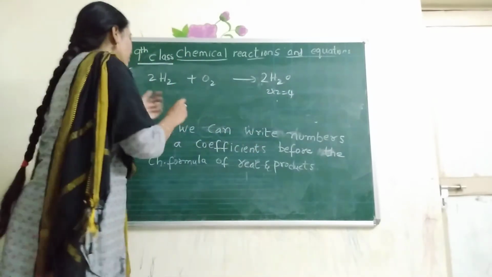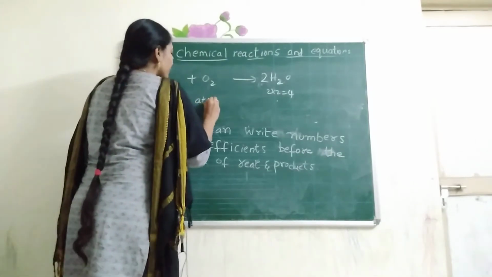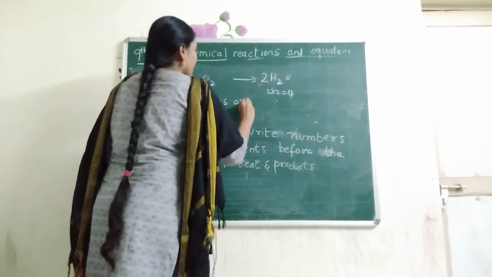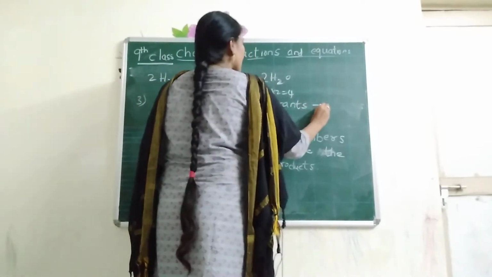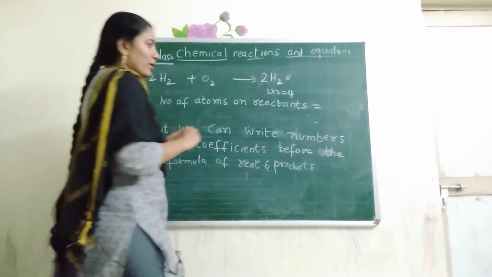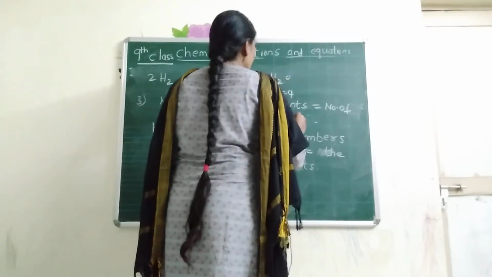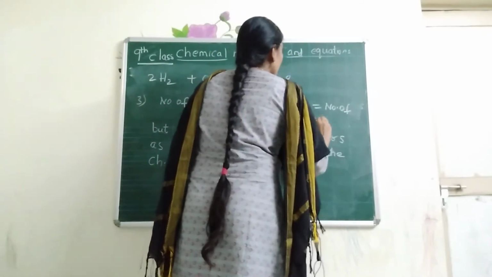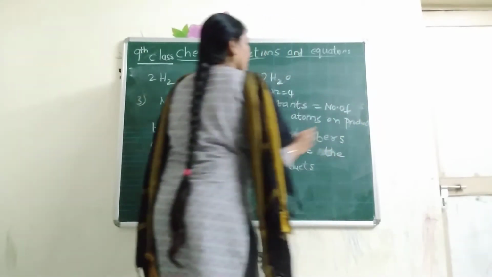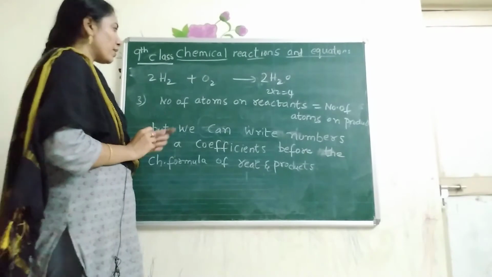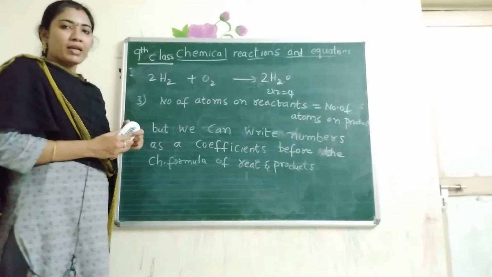If the number of atoms on the reactant side is equal to the number of atoms on the product side, then we can say that the reaction is balanced, isn't it? This is how we are balancing the chemical equations.